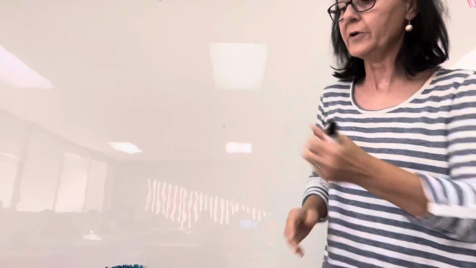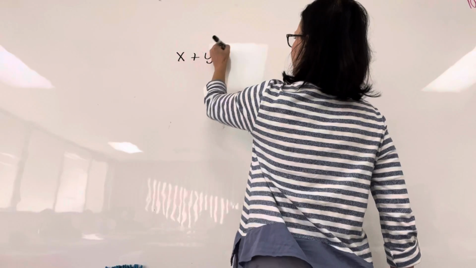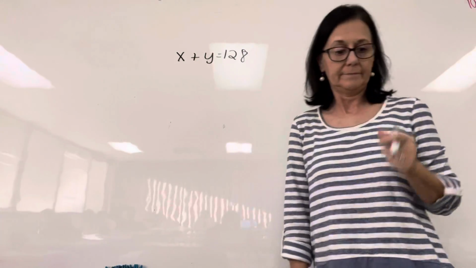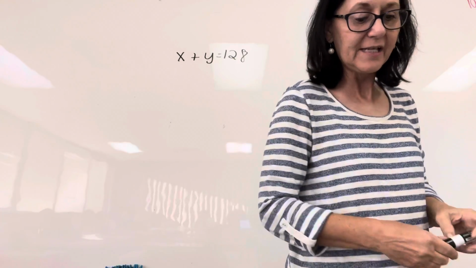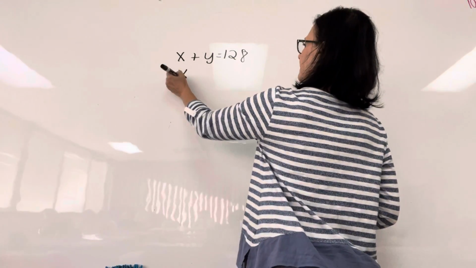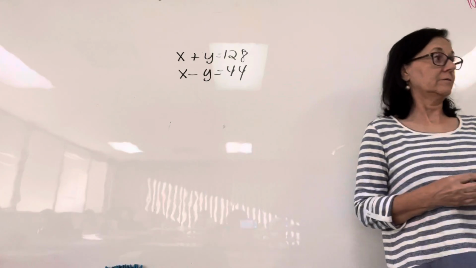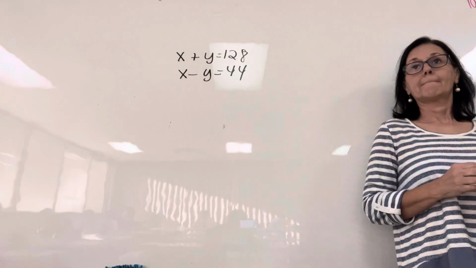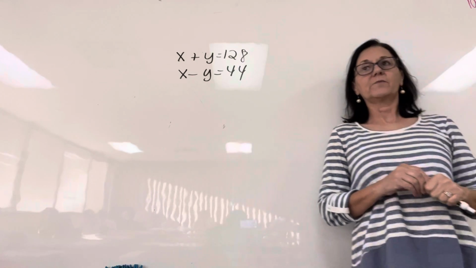The sum of two numbers is 128. I'm just going to label those two numbers 1x, 1y. And their difference is 44. I'm keeping them in the same order. All right, how do you want to solve this one?